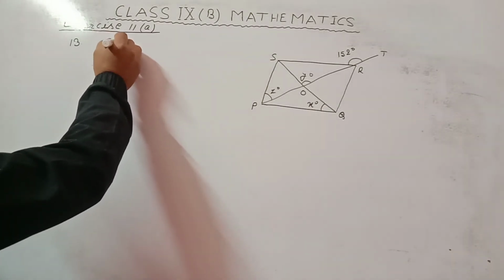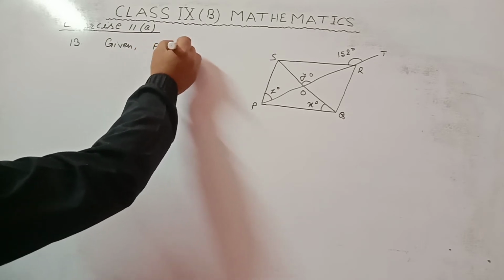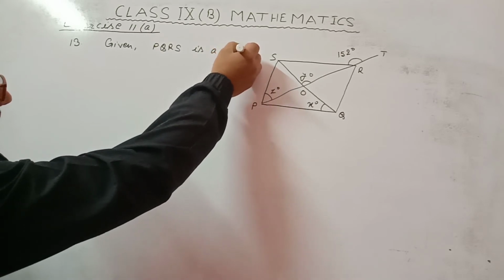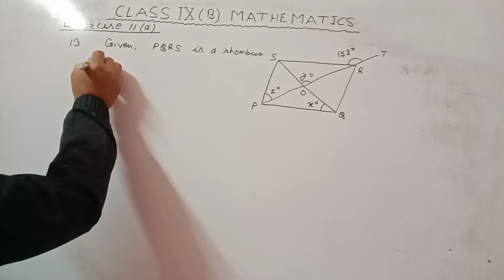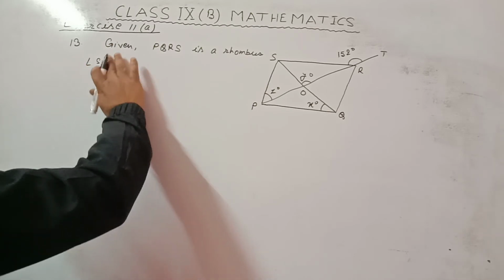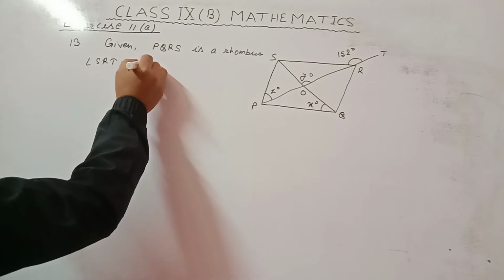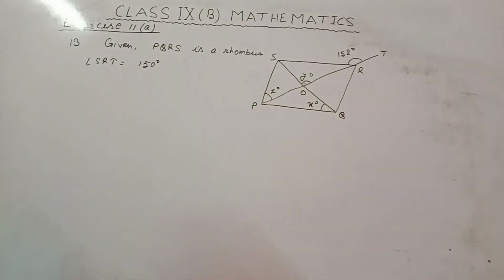Given that PQRS is a rhombus, angle SRT equal to 152 degree. Now Y is 90 degree. Why do we say? Because diagonals of a rhombus are perpendicular to each other.